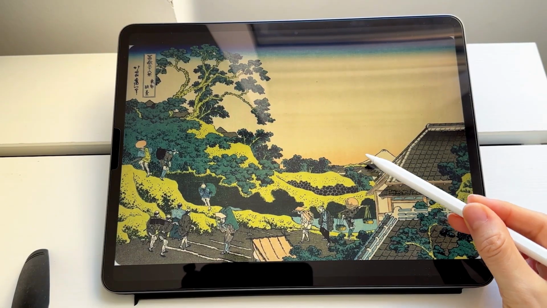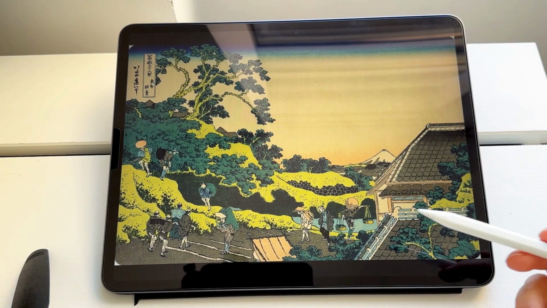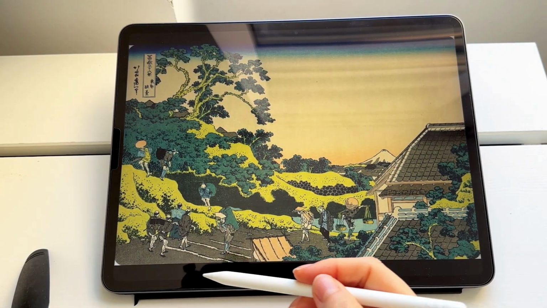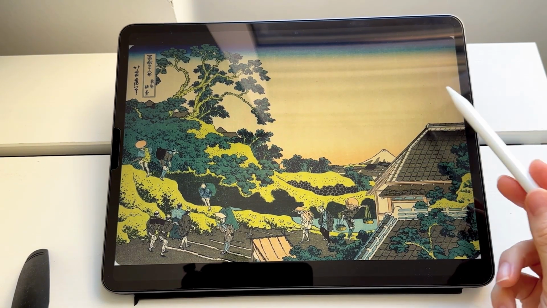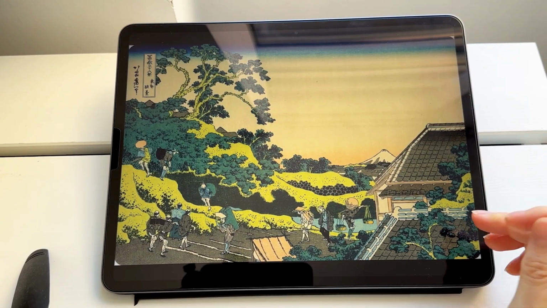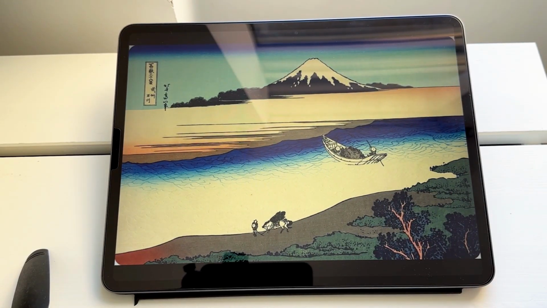Here you can also find Fuji mountain, and here we see some work on a farm, and a lot of people, and they are all tiny. Interesting work. Very beautiful color palette. So here I like this one very much.